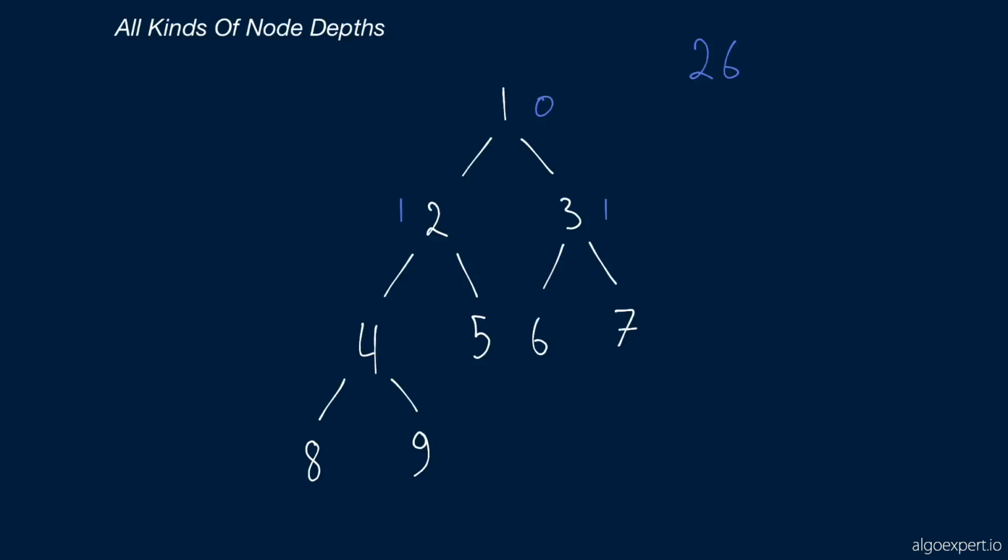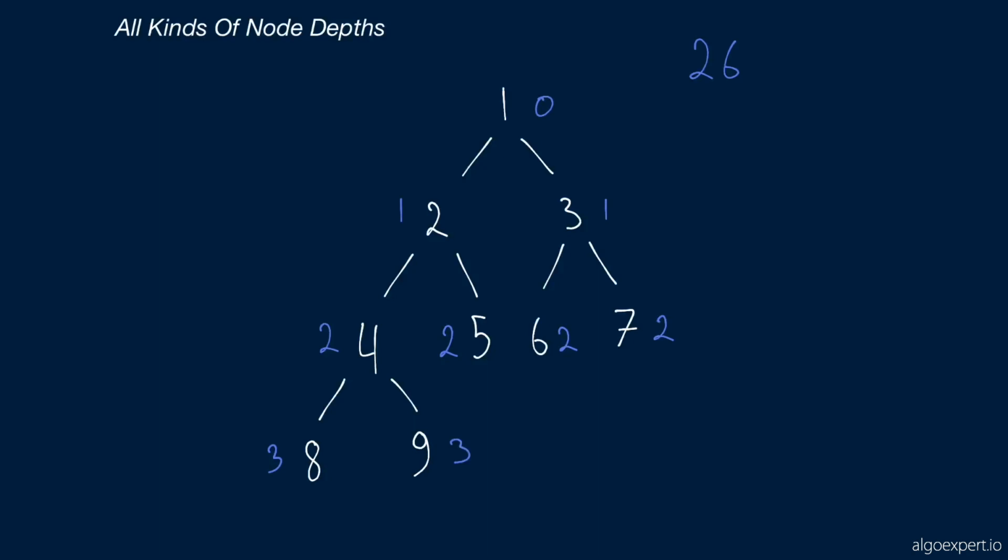We would add these two values to this value, and then these two nodes would make themselves recursive calls to their children nodes with depths 1 plus 1, because all of these nodes here have a depth that's 1 greater than the depth of these two nodes. And so here you would get 2, 2, 2, 2. And then finally here, the recursive calls on these two nodes would get depths of 3.